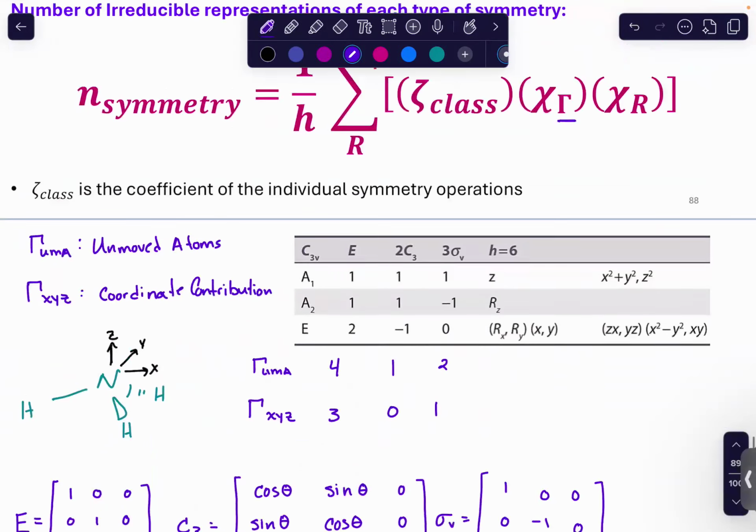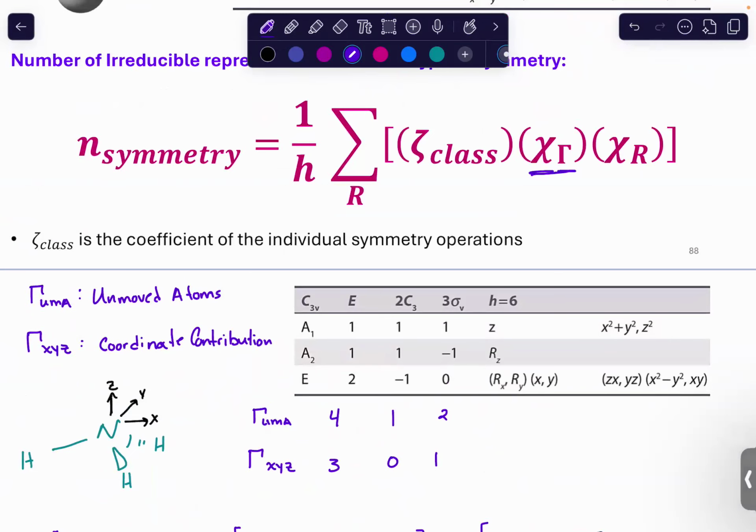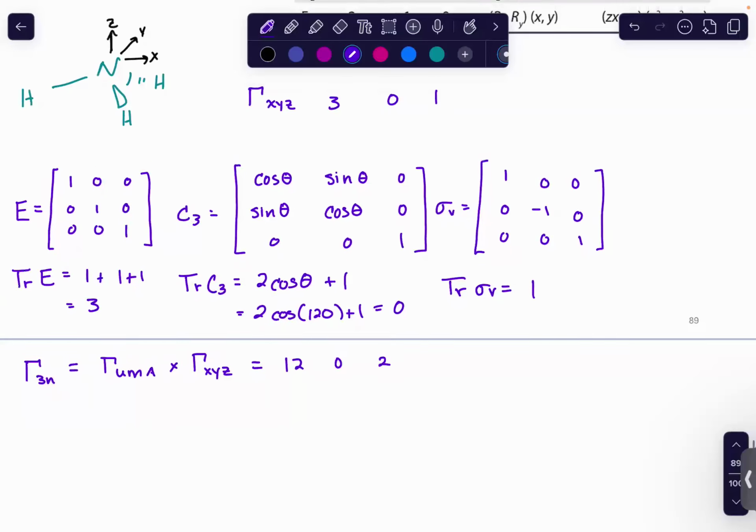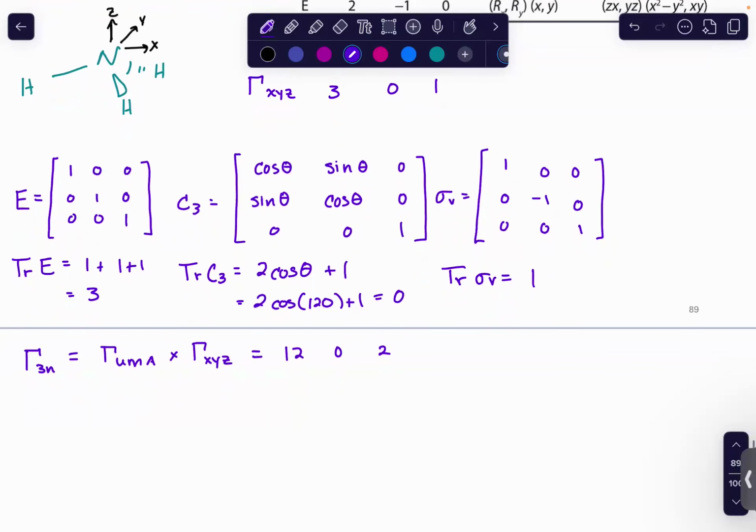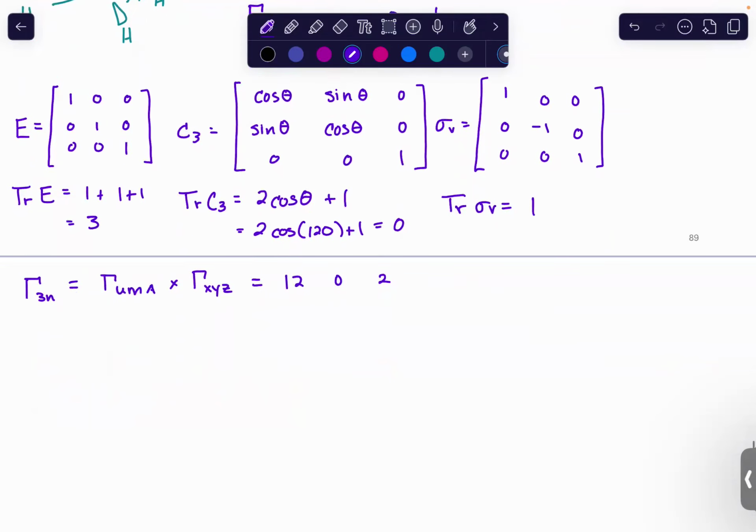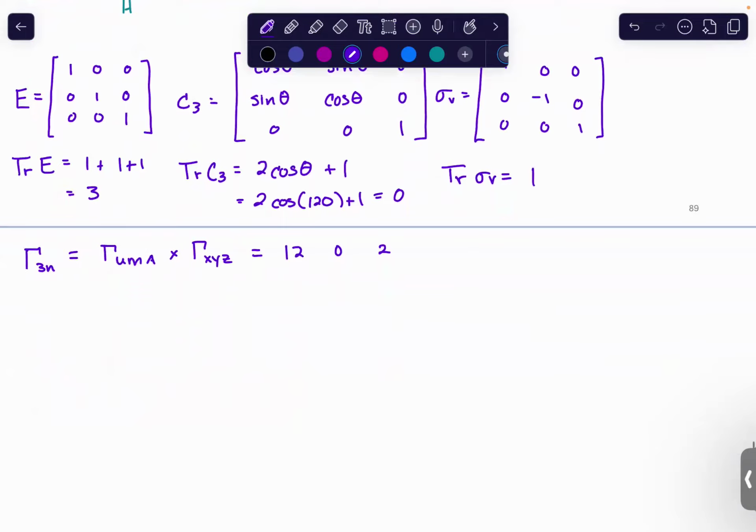Now, we look at this equation. So now we have all of our chi gammas. Each symmetry element is going to give us a gamma r, and our zetas are going to be the coefficients of those. And of course, our order is 6. Now the question is, how many of each one of those symmetry groups are we going to get from this reducible representation?